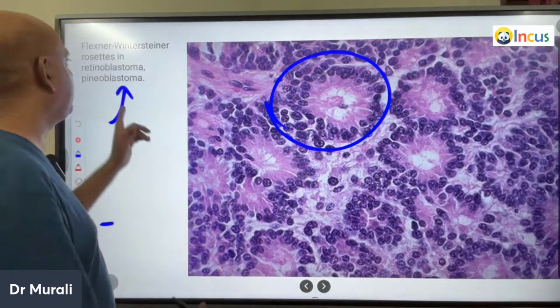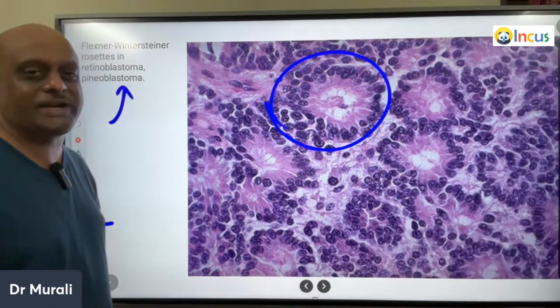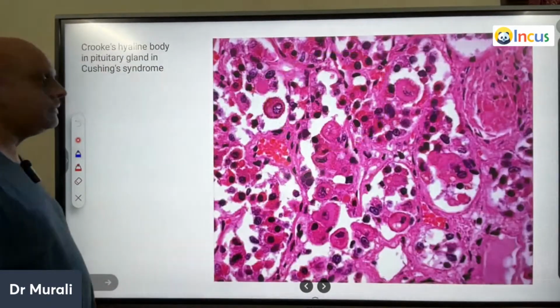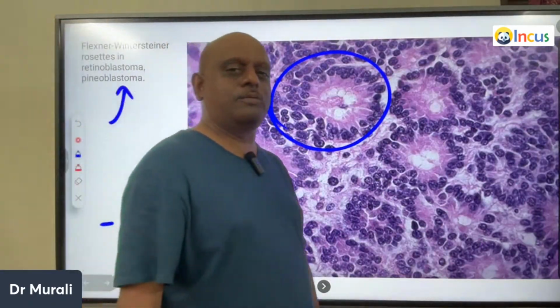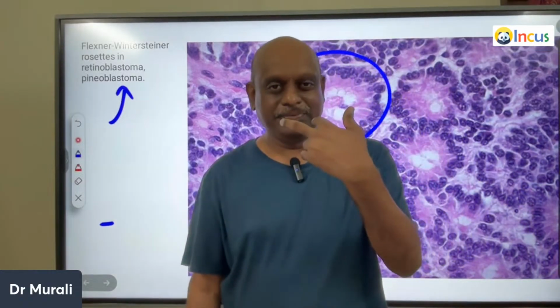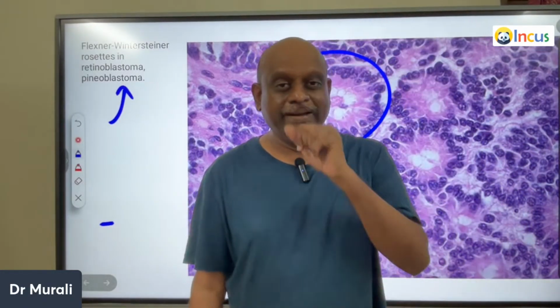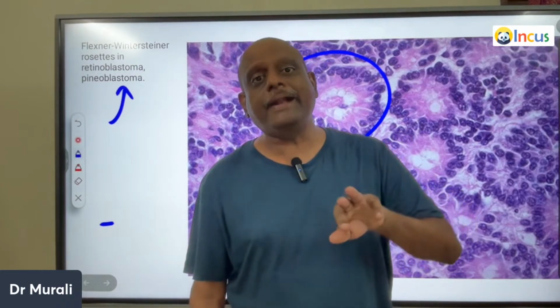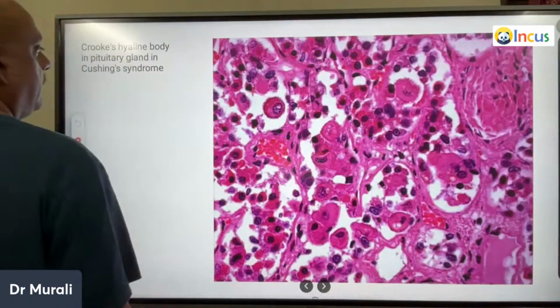We see the presence of Flexner-Wintersteiner rosette is what you need to remember. So what do you mean by trilateral retinoblastoma? When the retinoblastoma involves both the eyes, and also pinealoblastoma is also there, then you call trilateral retinoblastoma is what you should remember.